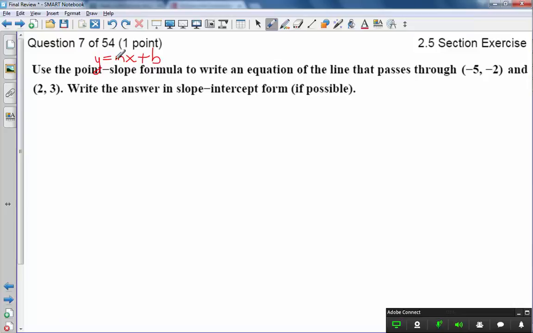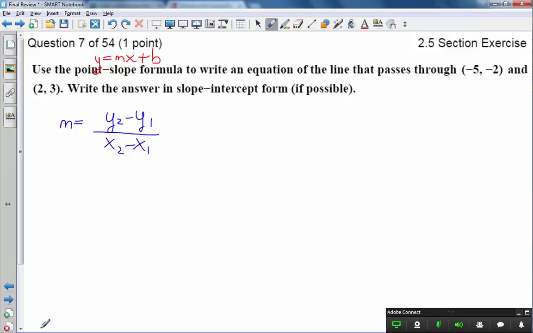Alright, let's tackle m first. Can you get slope from 2 points? Yes, we have a formula for that, which is rise over run, or change in y values over change in x values. So slope is y2 minus y1 over x2 minus x1.